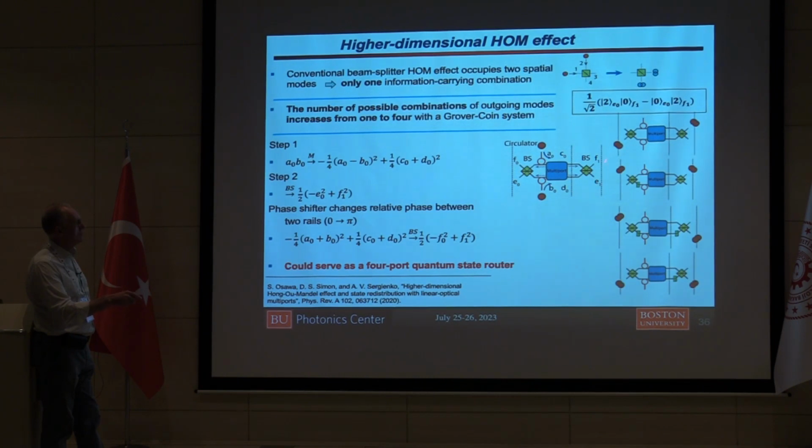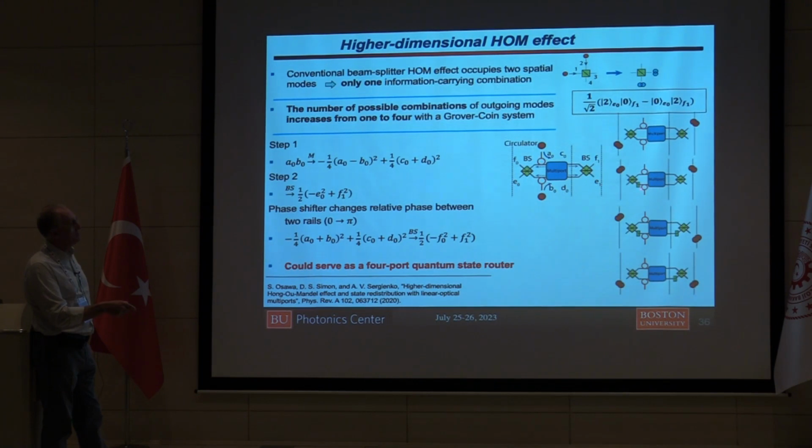We have 1, 2, 3, 4 modes out. The final result is that these 2 photon amplitudes are converted to 2 here, nothing there, or nothing here, 2 there. So 2 0 0 2 between E0 and F1. That's when you do nothing.